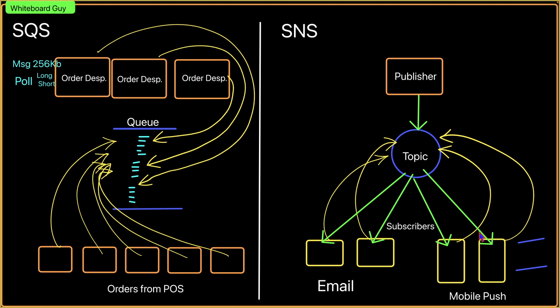So it is seen as a pub-sub service. You'll see this term coming up very often. So it's a pub-sub service. Right. Publisher and a subscriber, it's a pub-sub service as well, where a simple queuing service will poll. What we'll find with a simple notification service is that it pushes messages out.